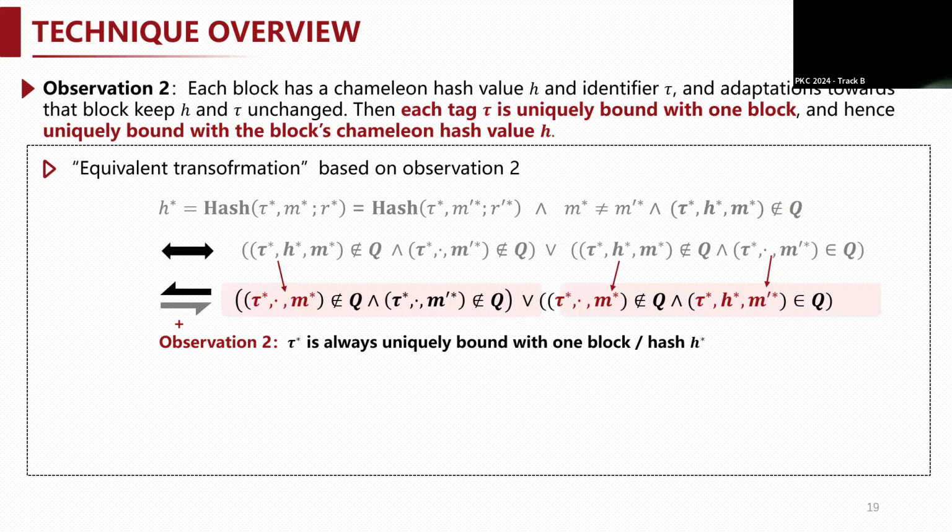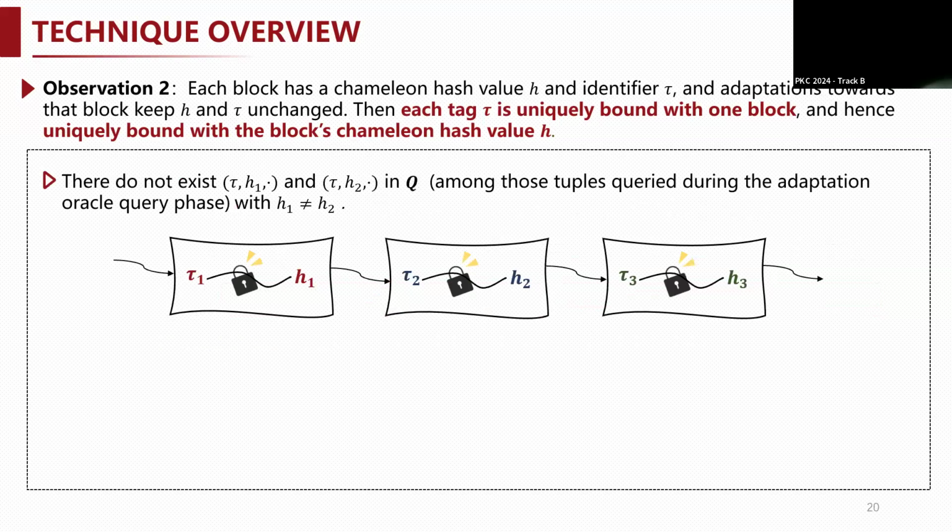Note that we can make this transformation only when the second observation holds. And besides, we add a restriction for the adversary's adaptation queries. Namely, there should not exist (tau, h1) and (tau, h2) in the set Q with distinct h1 and h2. We can add this restriction due to the second observation, since tau is uniquely bound with the hash value h.